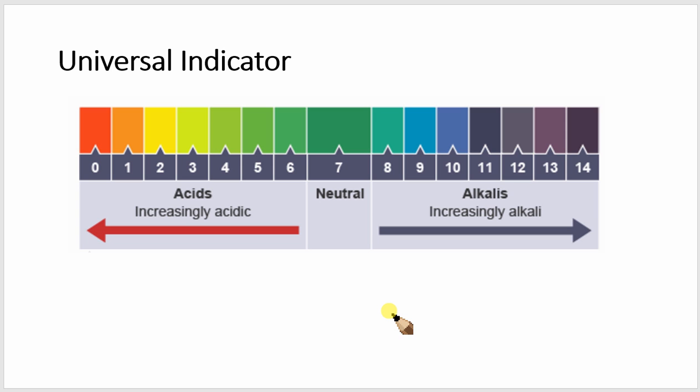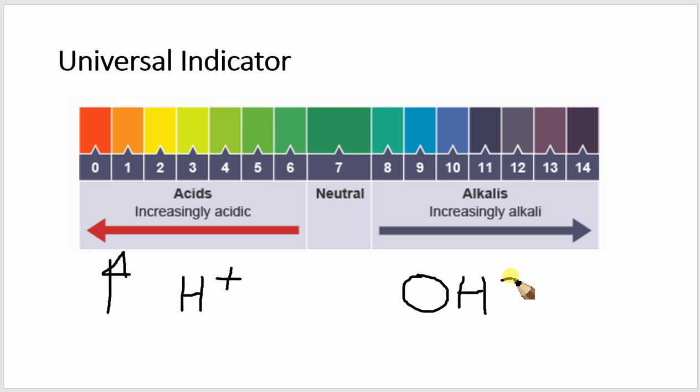So for our second learning outcome, what's the link between the pH number and the concentration of ions? Well, we know that acids are made up of positive hydrogen ions, and the concentration of these ions is high at 0. So the concentration of hydrogen ions increases as we go towards 0. With alkalis, we're talking about hydroxide ions, negatively charged ions, and the concentration of hydroxide ions increases as the pH number increases.